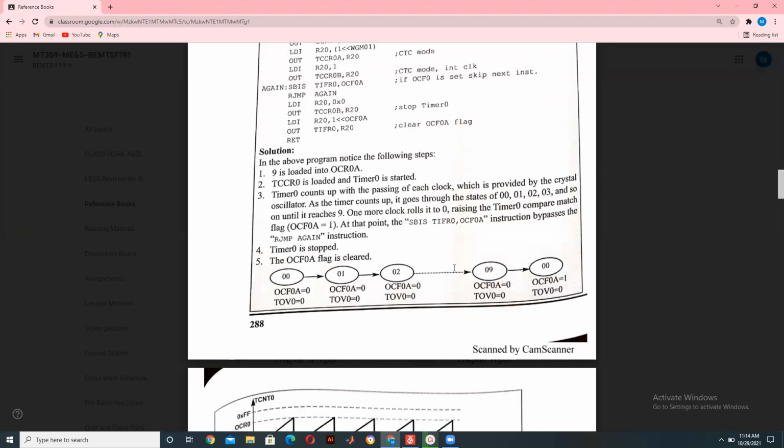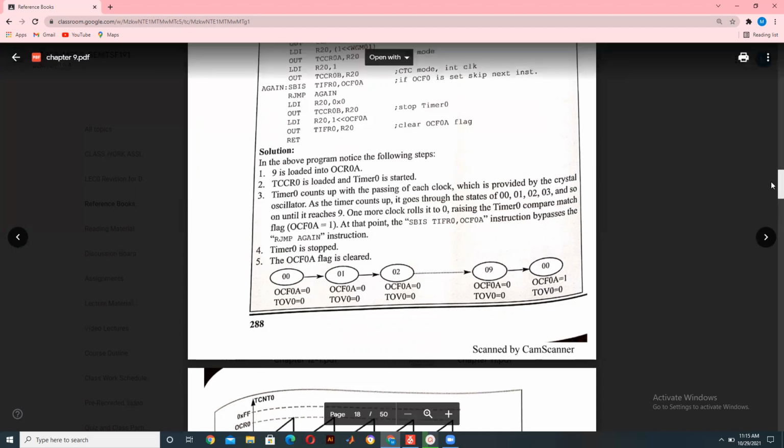OCF0A is equal to 1 at this point. Then the instruction checks OCF0A and jumps again, the timer 0 is stopped, and OCF0A is cleared.